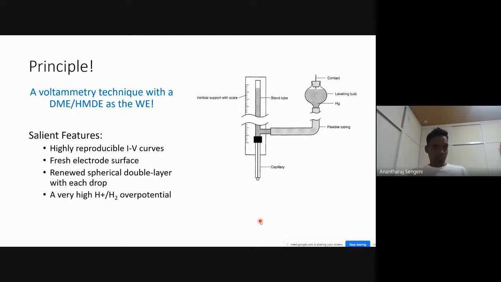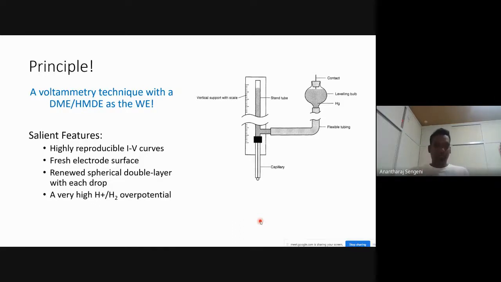But with the mercury drop electrode, we have a fresh mercury drop in which the diffusion layer is spherical, and we analyze the electrochemical property, and the mercury drop is let to fall down. When it falls off the capillary tube, it also stirs the solution around it, so that the diffusion layer or depletion region created by the previous mercury drop is replenished with fresh electrolyte solution.